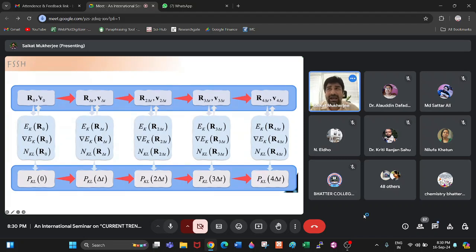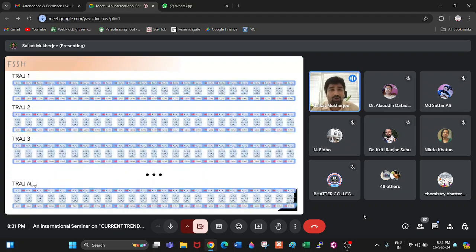So the point is, at each trajectory, at each point, you send your nuclear coordinates to your quantum chemistry software, ask for this, and then calculate the hopping probabilities to decide whether you will stay on the same surface or hop down to the other surface. And you do this for a lot of trajectories.